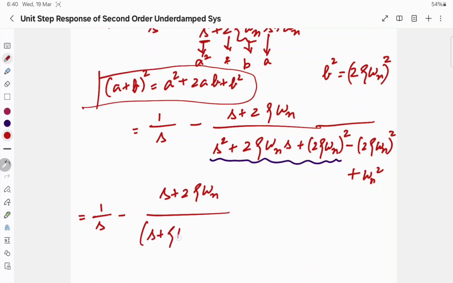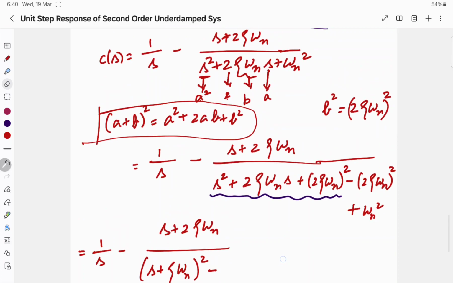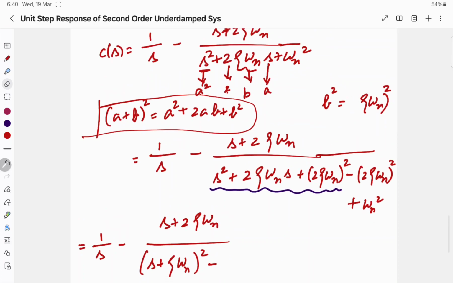Then we have minus, sorry, I'm making a mistake here. It should not be 2. What is b? B is zeta omega n, right? So b square is zeta omega n square. So you don't have the 2 term here.